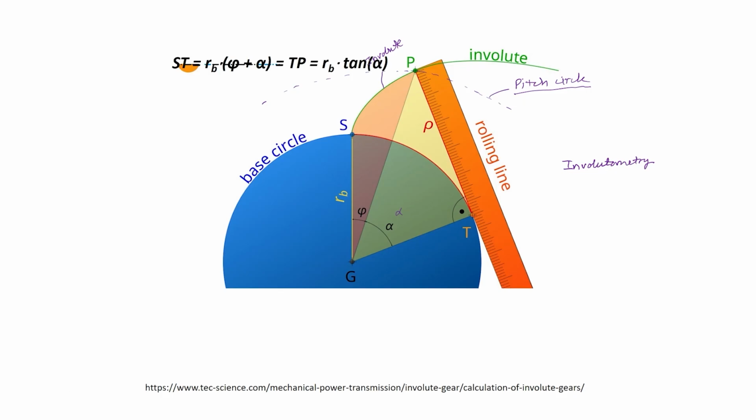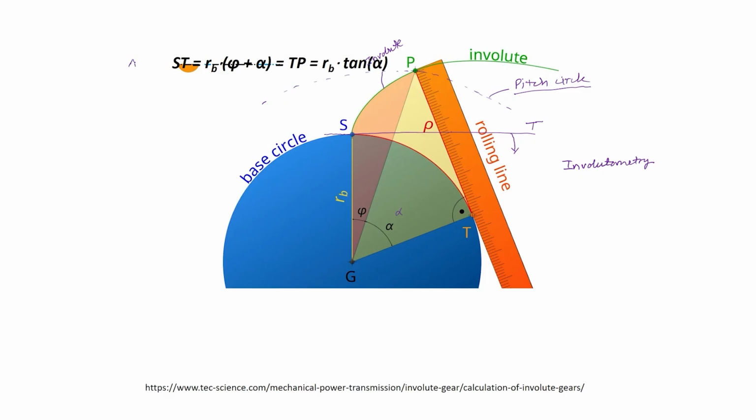So, arc ST is equal to line PT, because your roller was earlier tangent to this one like this. This was your ST and it has moved in this way, and at present this T is at this location. So, this PT is equal to arc ST.